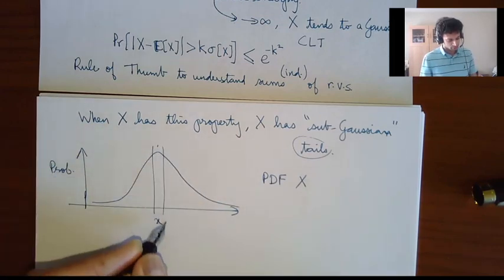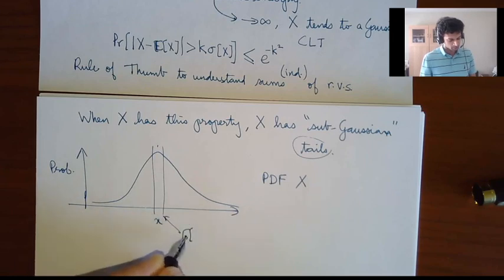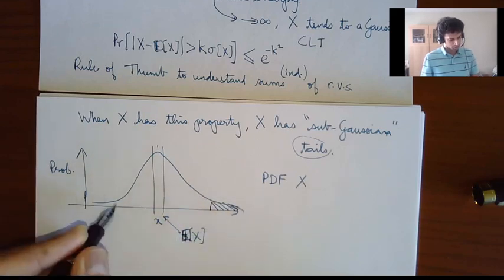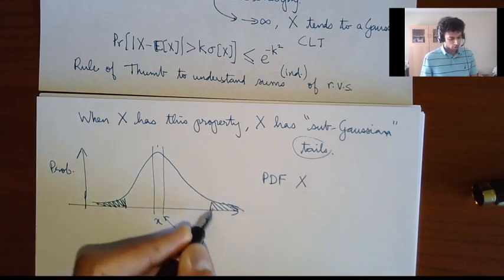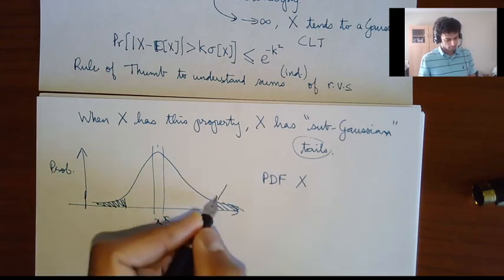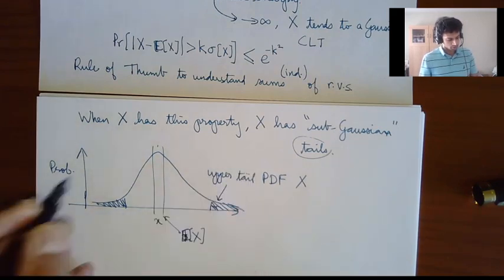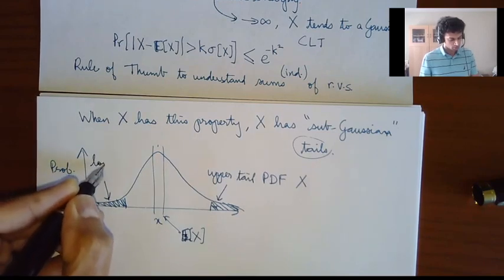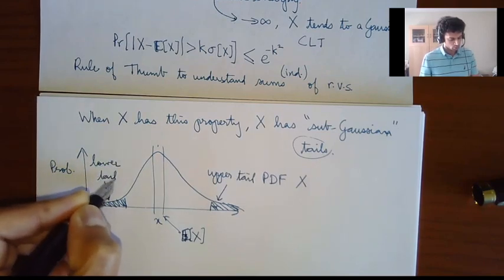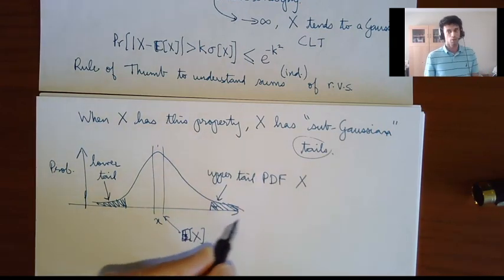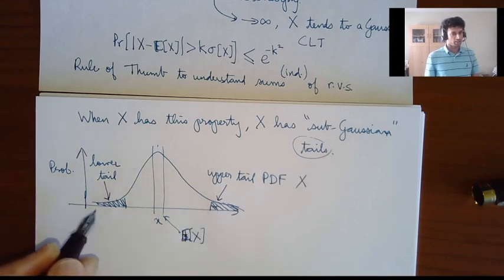Somewhere around here, this is going to be the expectation of x. These portions are called the tails. This is called the upper tail, and this is called the lower tail. And tail inequalities or concentration inequalities bound the probability mass in the tails.